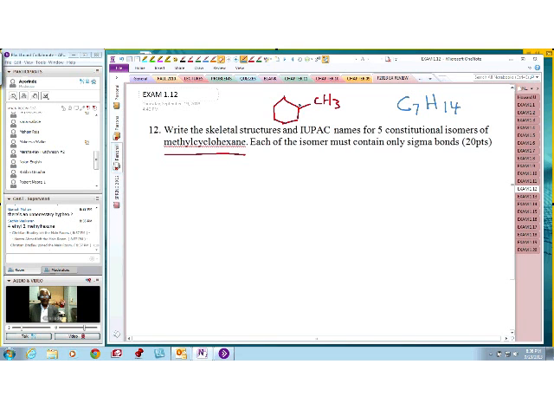That is 3 hydrogen, 4, 5, 6, 7, 8, 9, 10, 11, 12, 13, 14. So this is the formula they are asking us to use. In other words, draw constitutional isomers from this. You could draw as many as you want, but I do not want to waste your time, so I ask you to give me only 5. Okay, so let us try.